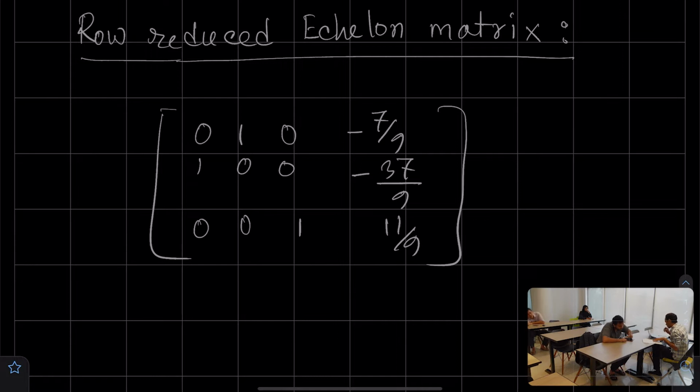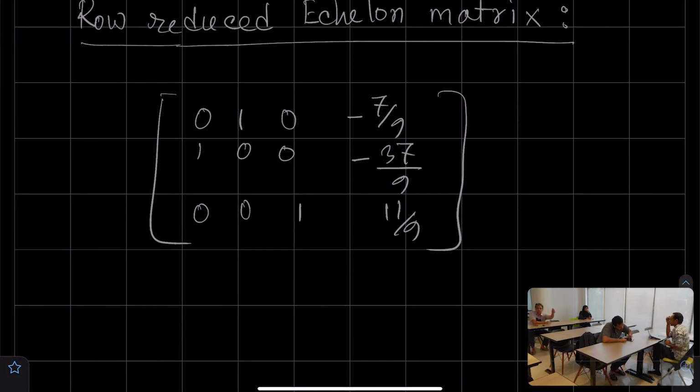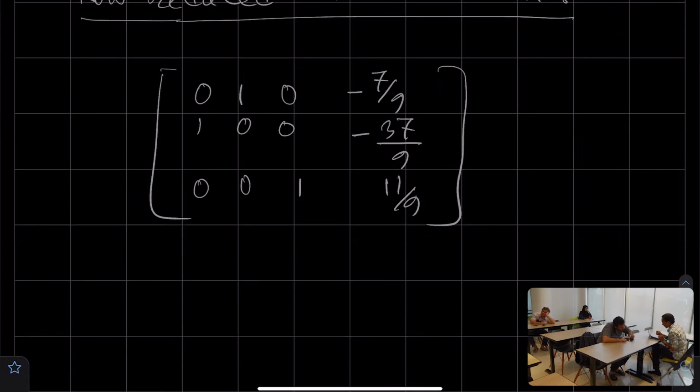So this was our last day example of row reduced matrix, right? As you can see here, in the first row, the leading one is in the second column, and in the second row, the leading one is in the first column, and in the third row, the leading one is in the third column, right?